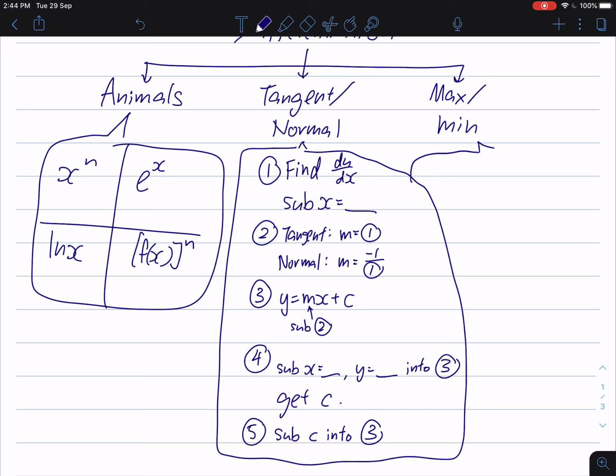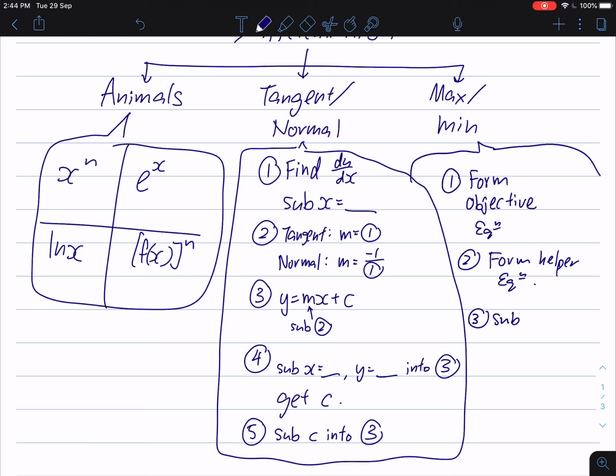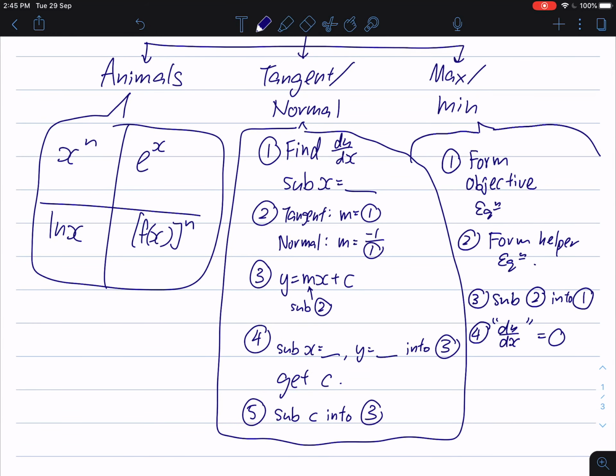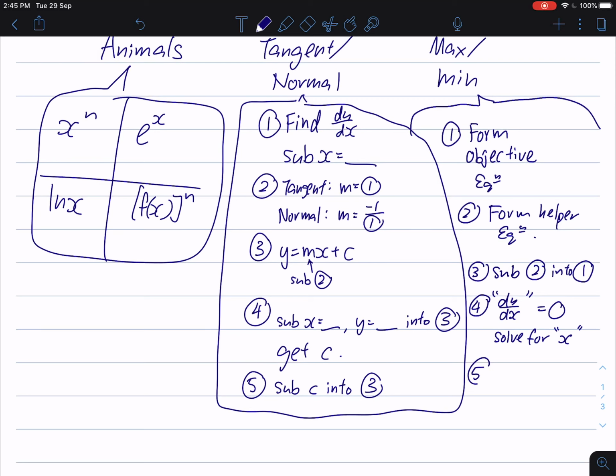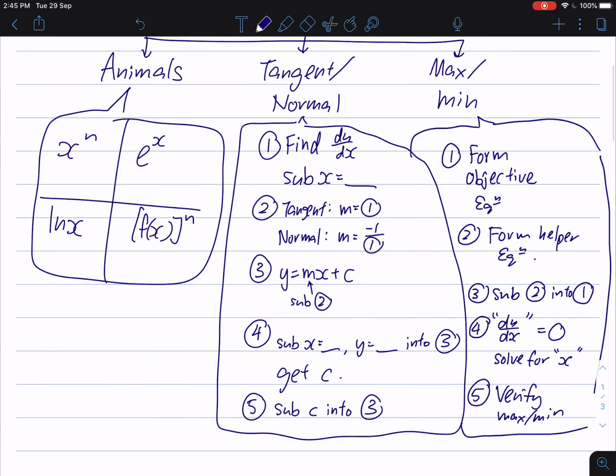Okay, here are the steps. Okay, these are the 5 steps here for maximum, minimum.